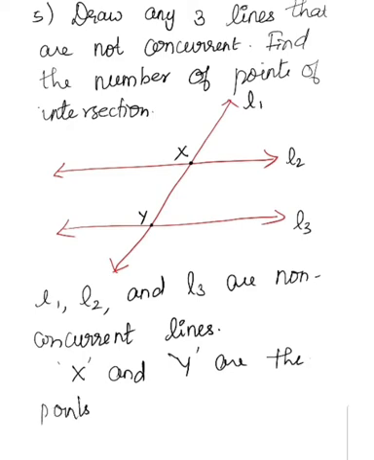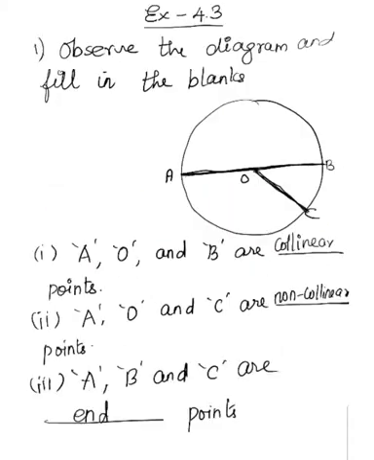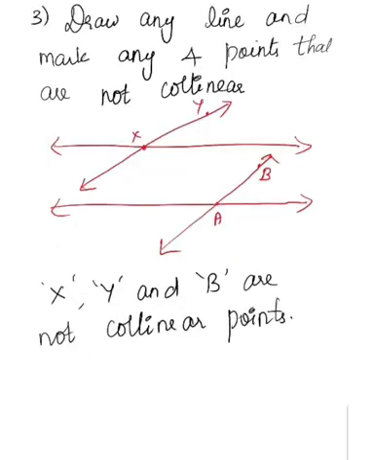There are 2 points of intersection. So these are the questions in exercise 4.3. Shall we go to the next exercise?